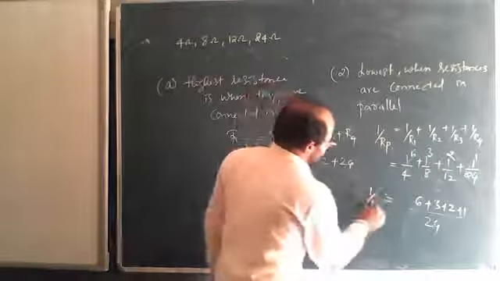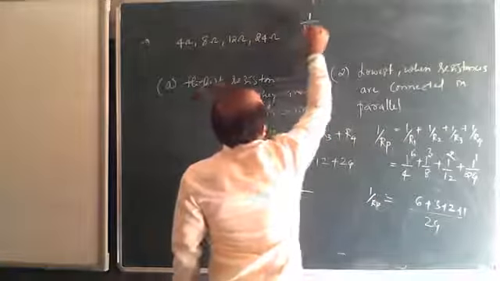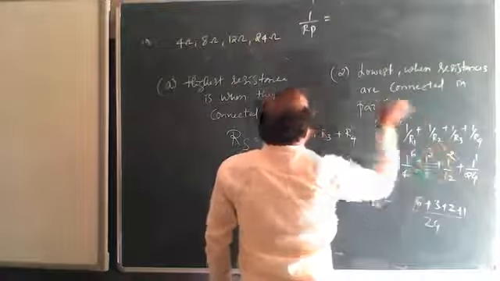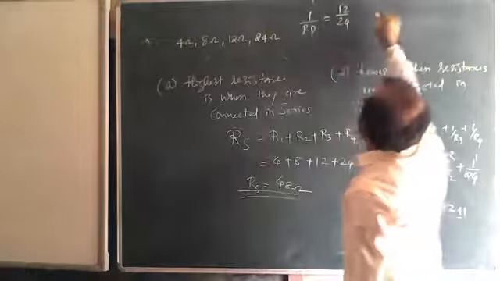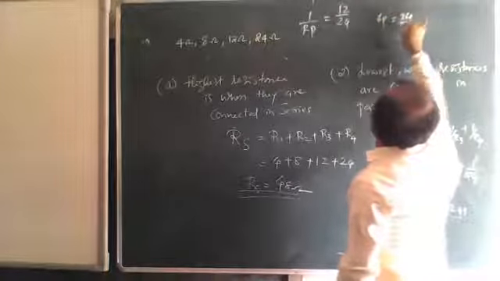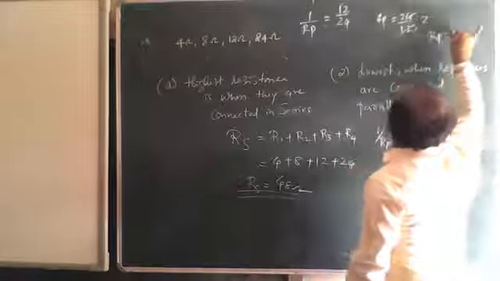That is 1 by Rp: 6 plus 3 is 9, plus 2 is 11, plus 1 is 12, so 12 upon 24. But I want only Rp, so Rp is 24 by 12, which is 2 ohm.